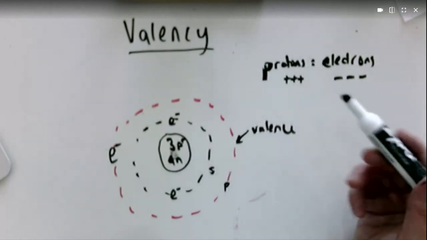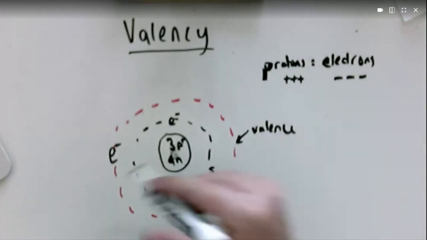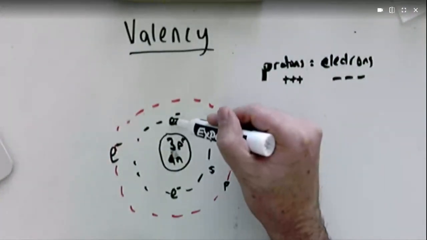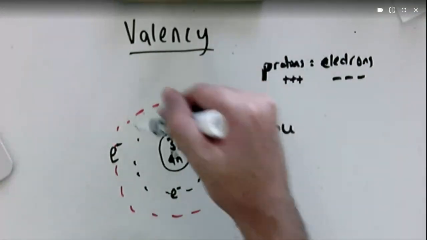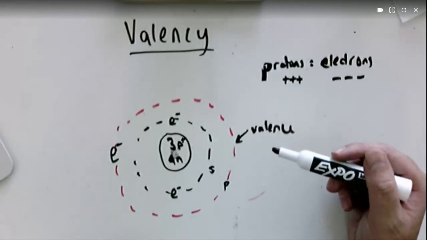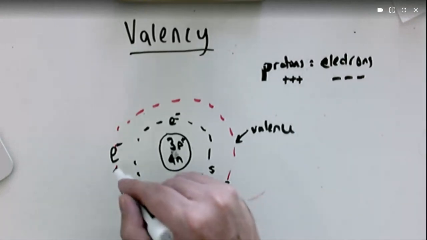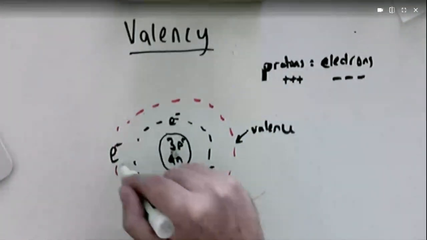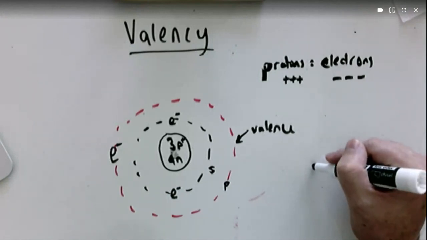Basically, lithium, if it were a person, has 2 decisions. It can either lose 1 and get rid of this outer shell so it's got a full S shell, or it can gain 7 so that it has a full P shell. Based off numbers, the easiest decision is to get rid of that final outer electron.